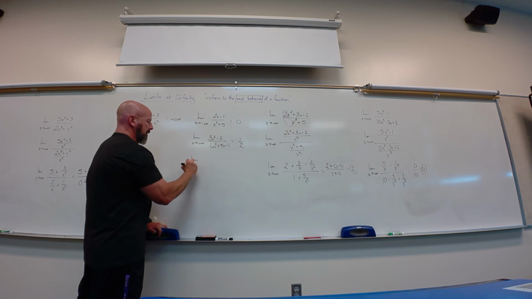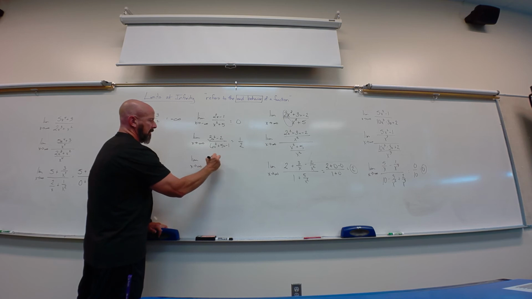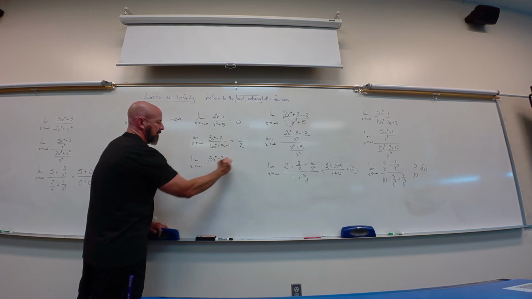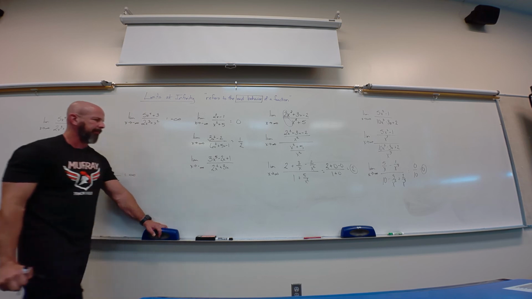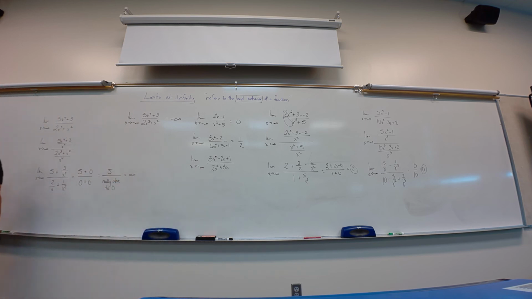Limit as x approaches infinity of, I don't know, let's go 3x to the 5th minus 2x plus 1 over 2x squared plus 3x. Let's go this time with negative infinity. Well, when I look at that, the top power is bigger.